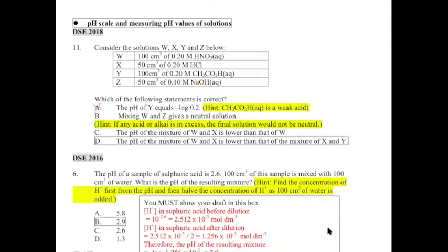Remember, when we have an acid and base, it will undergo this neutralization reaction. So we just need to work out the total amount of hydrogen ion and the total amount of hydroxide ion, and find out if they are not in the perfect 1-to-1 ratio, then the resulting solution will not be neutral.